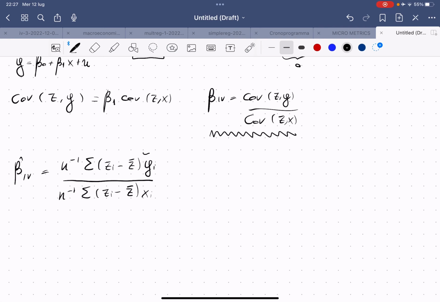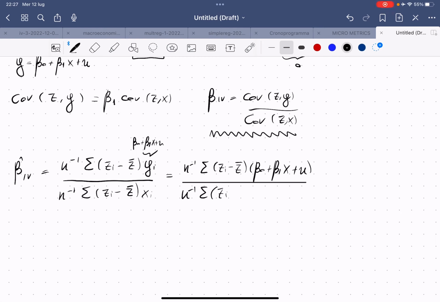Now we substitute Yi with beta 0 plus beta 1 X plus U, and then this will be equal to n to the power of minus 1 times the sum of Zi minus Z bar times beta 0 plus beta 1 X plus U, divided by n to the power of minus 1 times the sum of Zi minus Z bar times Xi.